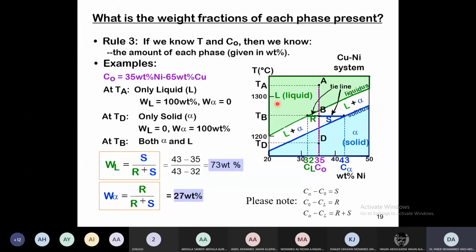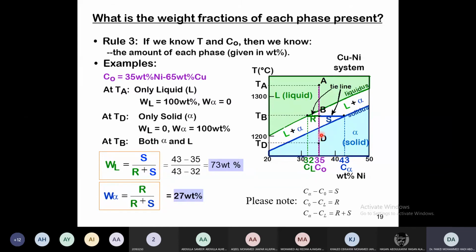To get the proportion of the liquid phase, you look at the segment of the tie line which is far from the liquidus line and divide that by the total tie line length. So the weight percentage of the liquid is S divided by R plus S.